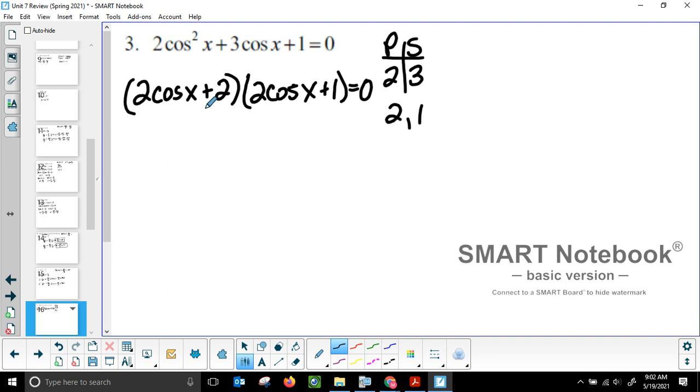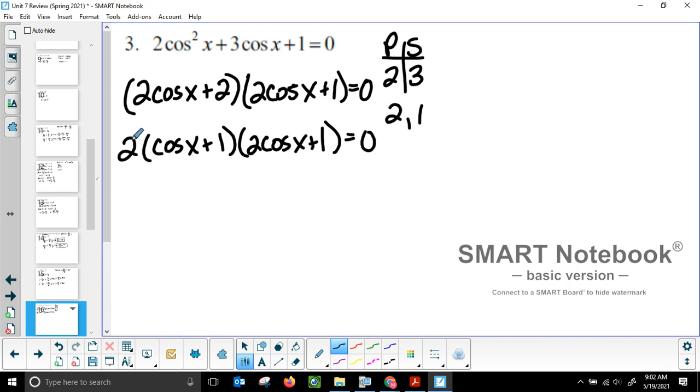All right, of course, this is our trash can method, so I have to pull out any trash that I can. I can pull out a 2 here. I can't pull anything out here. So I throw away my trash. Set each of these equal to 0 and solve. So cosine of x will equal negative 1.